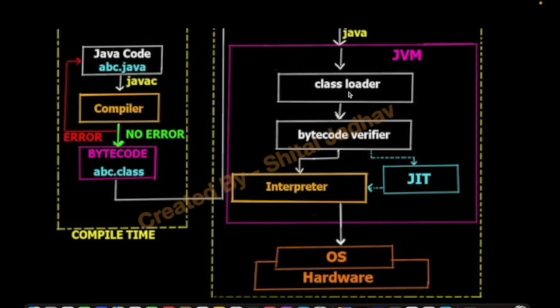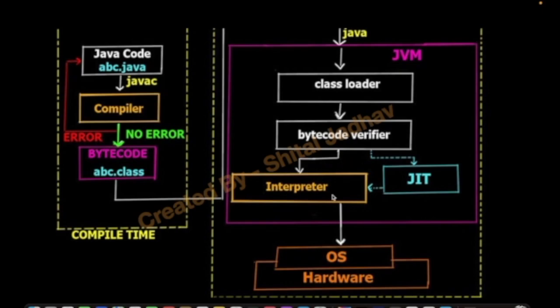There is one component we call the bytecode verifier. What will this do? This will verify whether the bytecode you have sent is a secure one or not. If it is a valid bytecode, then that bytecode will be given to the just-in-time compiler, or maybe the interpreter will interpret it.